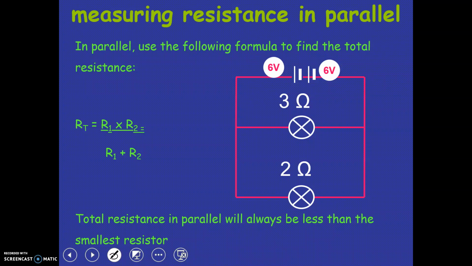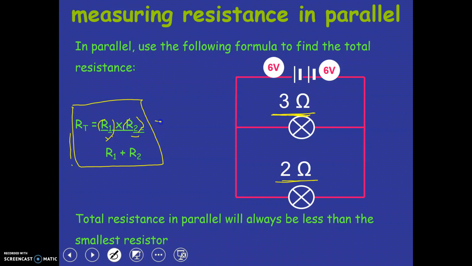And then we can look at the total resistance in a parallel circuit. So instead of just adding them up like a series circuit, we're going to be using this formula here. So our R1 would be our first resistor, and R2 would be the second resistor.